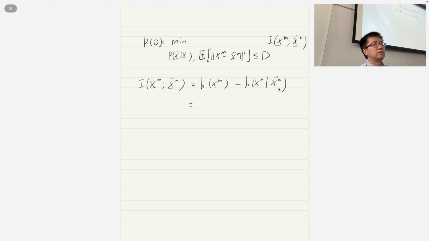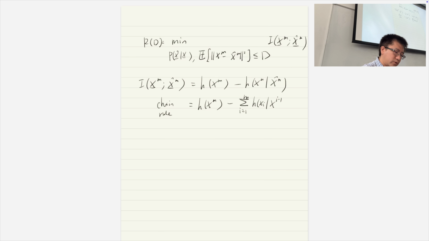What we do here is use the chain rule, and we only apply the chain rule over this, and keep m hat. Any questions?